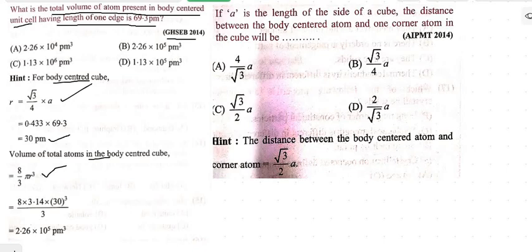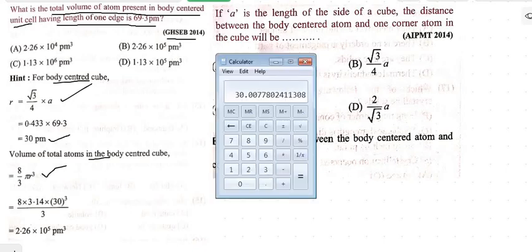Okay. Now let us use calculator. 8 into pi, that is 3.14, into r cube. r has a value of 30 picometer. So 30 into 3, three times, divided by 3, and that comes to 226,080.